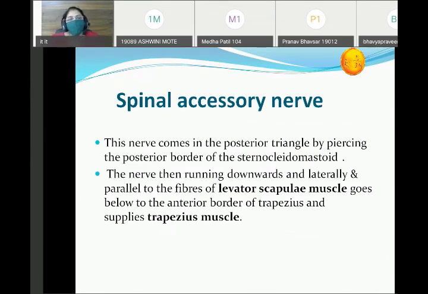We see a few words about the spinal accessory nerve, which is the major content of the posterior triangle. This nerve comes into the posterior triangle by piercing the sternocleidomastoid muscle, at its posterior border. The nerve then runs downward and laterally, parallel to the fibers of the levator scapulae muscle, and goes below the anterior border of the trapezius and supplies the trapezius muscle.